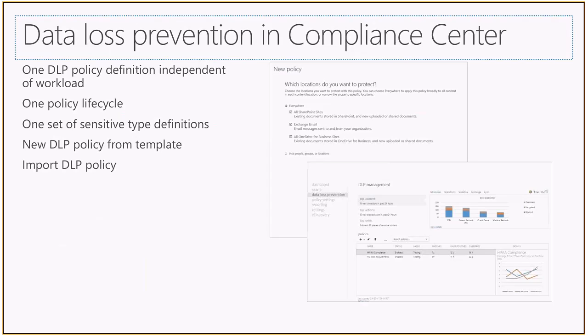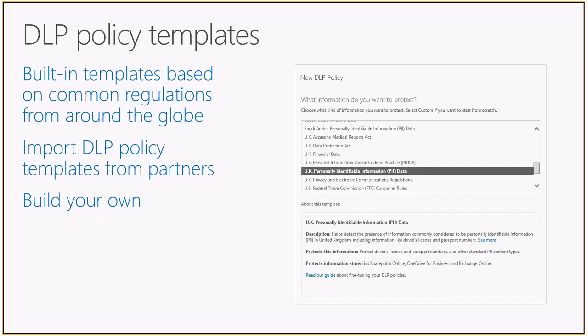right? So now what you can do is through this one unified compliance center, you can build DLP policies, and these DLP policies can be pretty robust. You can set what actually constitutes specific content that should be protected, and then you can have these policies enacted for data sets all across your Office 365 environment.